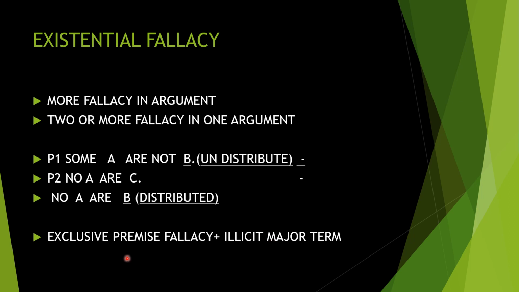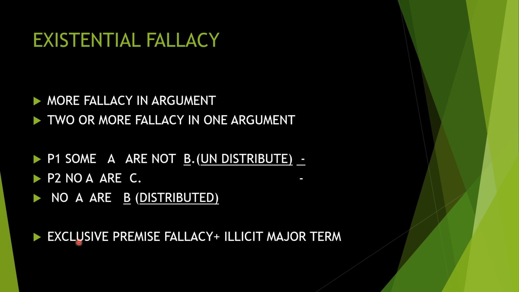The exclusive premise fallacy: you know that here is one sentence, some A are not B. Not B means a negative sentence is there. And no A are C, again a negative sentence is here. No A are B, again a negative sentence is coming here. So you know that if two negative sentences come, there is no conclusion.